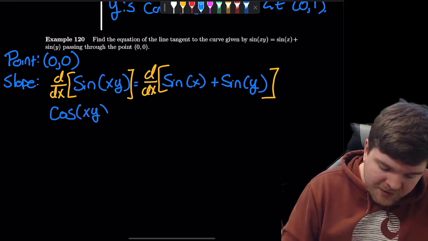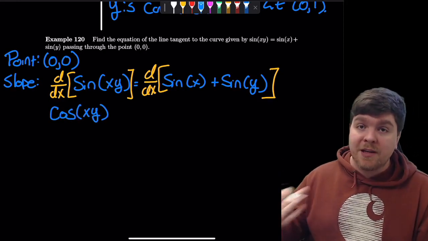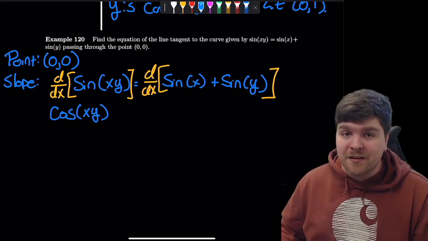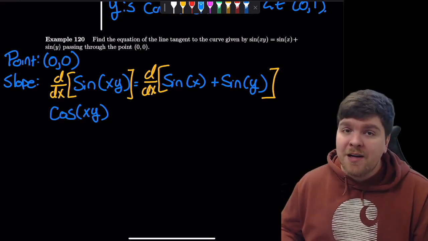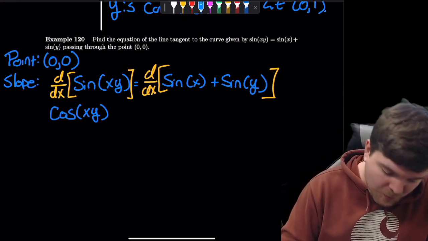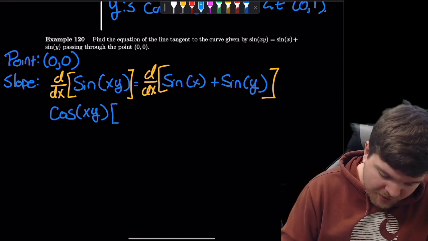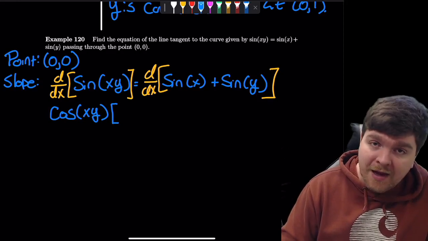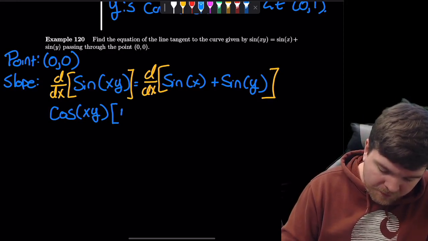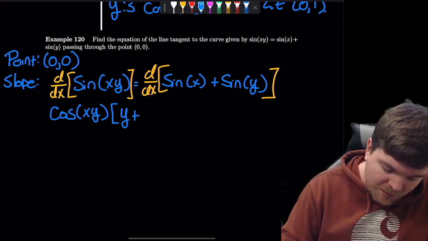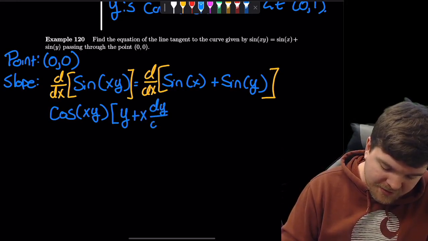And whenever we're taking the derivative of sine of u, it's going to be cosine of u now times the derivative of what's on the inside. So now we need to multiply by the derivative of x times y, which does require the product rule. If we take the derivative of x with respect to x, that leaves us with 1. We'll leave y alone, plus x times the derivative of y, which we write as dy dx.